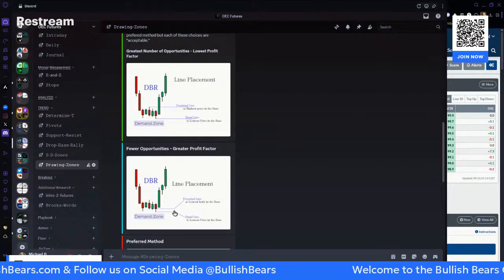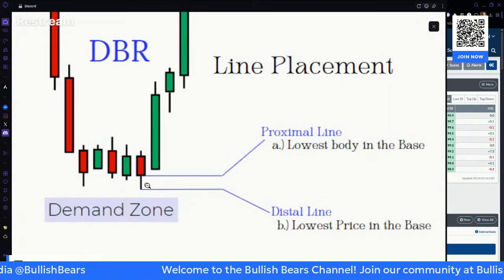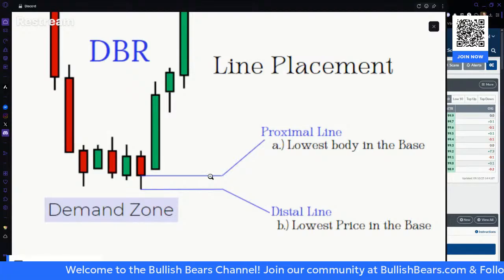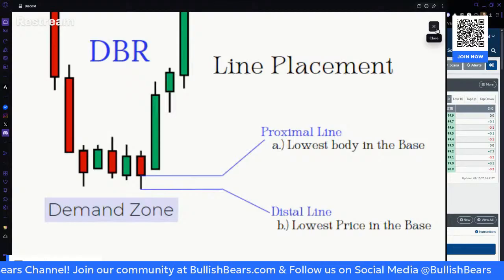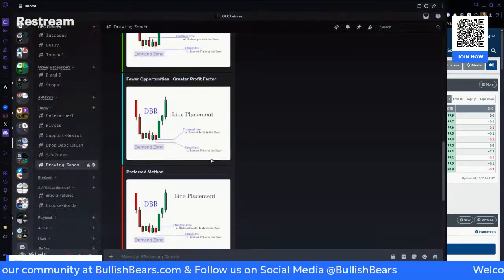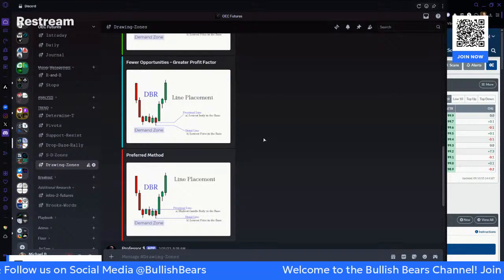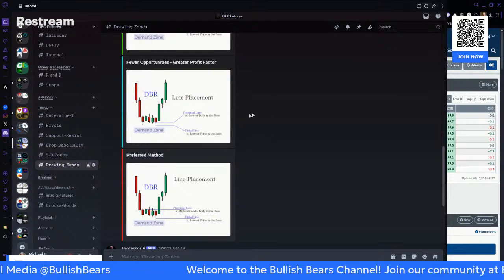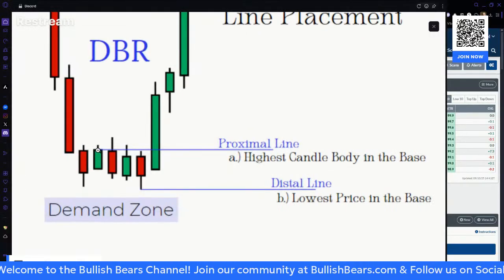Here's another way of doing it, at the lowest body part, and that would give you the narrowest zone. Low occurrence, high probability. And then, of course, like I mentioned, that green one can be marked.